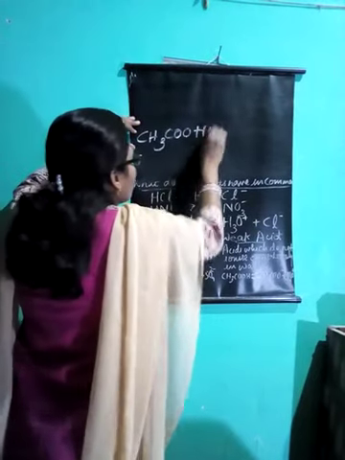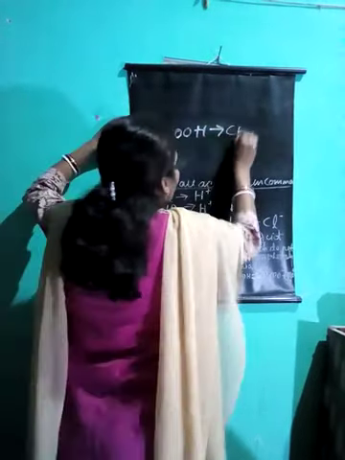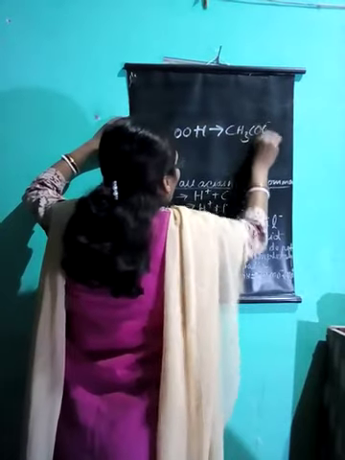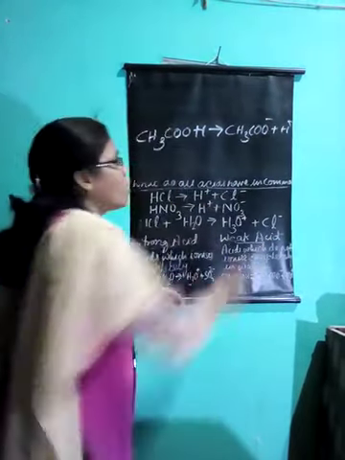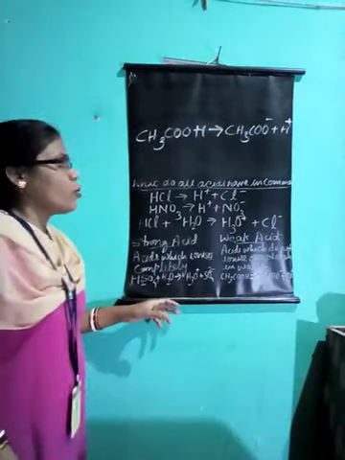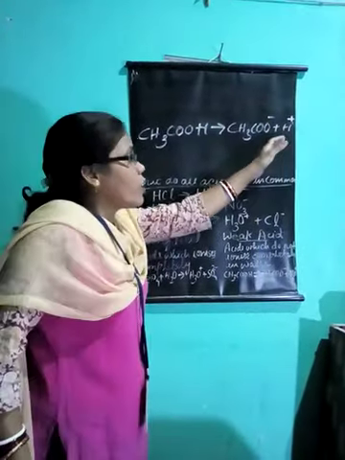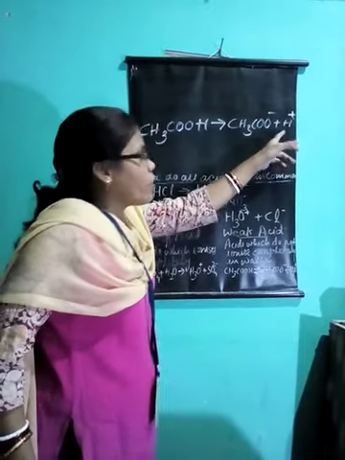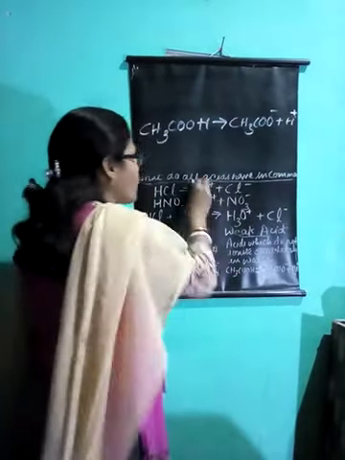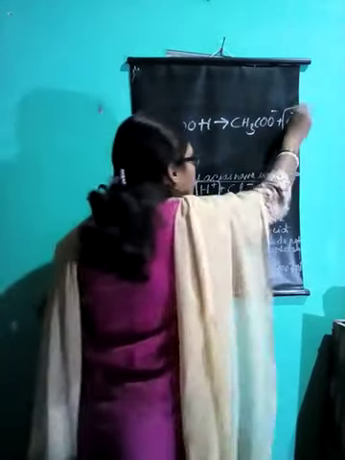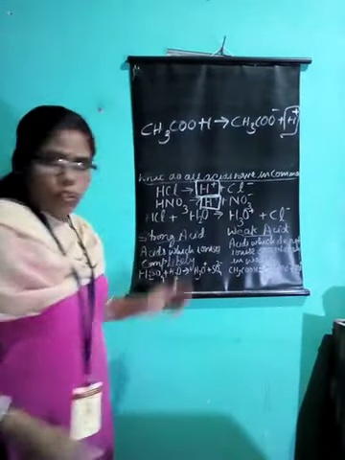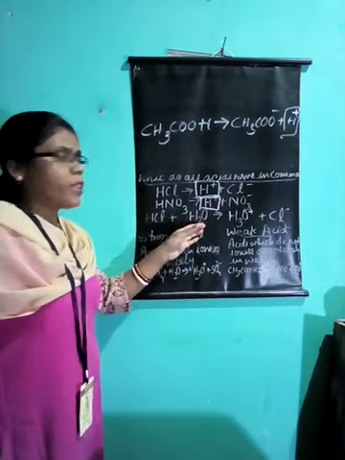It has CH3COO minus plus H plus. So it dissociates into positive and negative ions, and in each case you are obtaining hydrogen ions. You see that. So this is something which is common in all the acids.